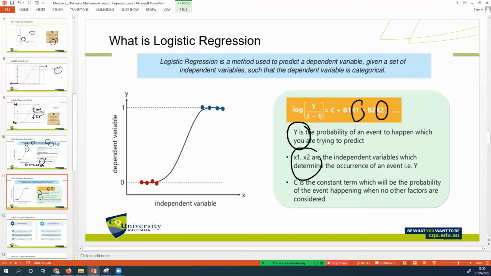C is the constant term, which will be the probability of the event happening when no other factors are considered. Okay.